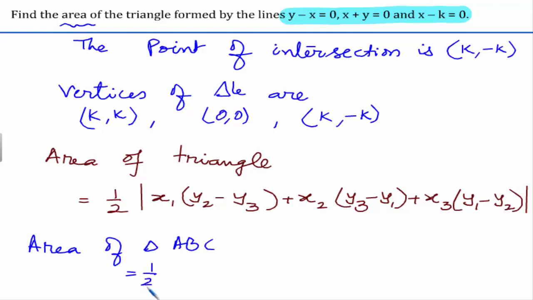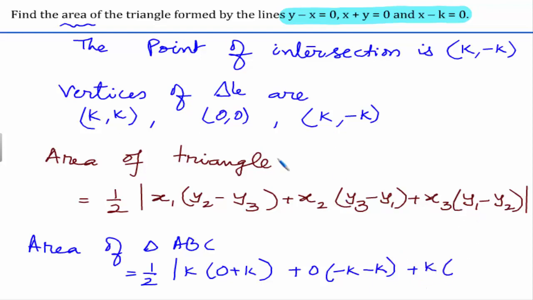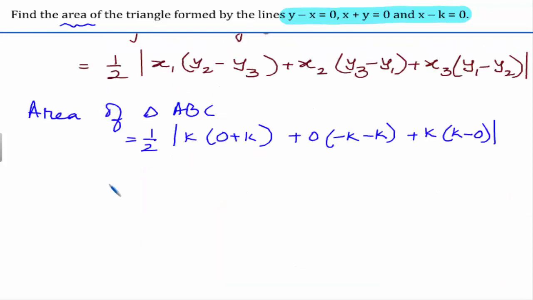Half into x1 is k into y2 minus y3, that is 0 minus of minus k, which is plus k. Now plus x2 is 0 into y3 is minus k, plus x3 is k into y1 minus y2, that is k minus 0. Now if you simplify this, half into k is k square.